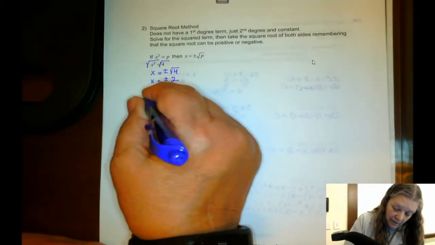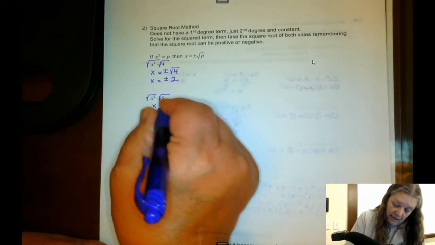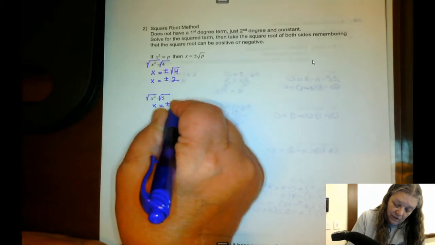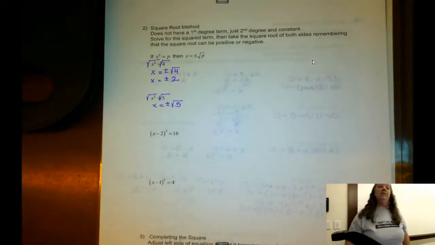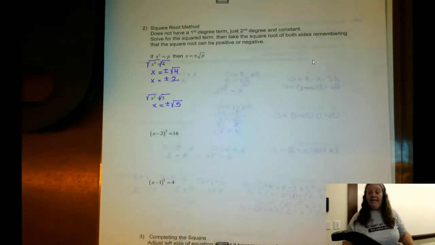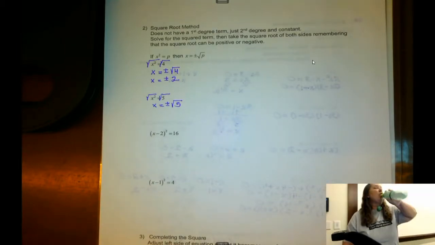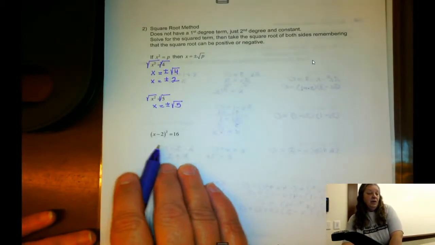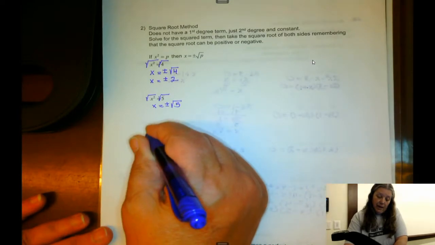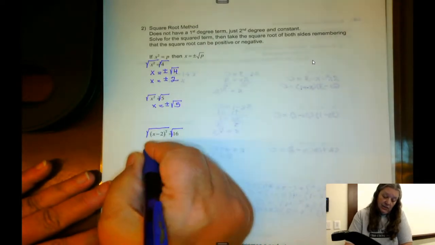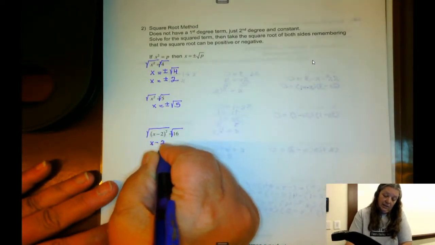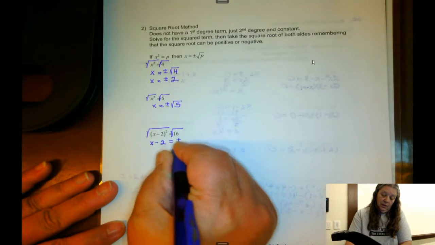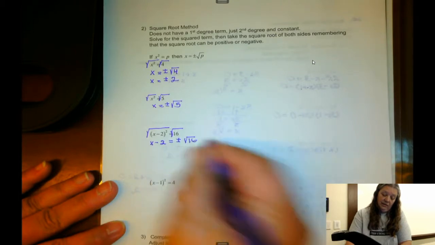Second one, if we take the square root of both sides, we get x equals plus or minus square root of 5. 5 is not a perfect square, so we can just leave it. With this next one, we have a quantity squared equal to a number. Same process. Take the square root of both sides. Now we have x minus 2 equal plus or minus square root of 16.